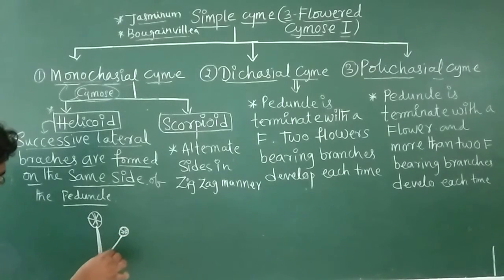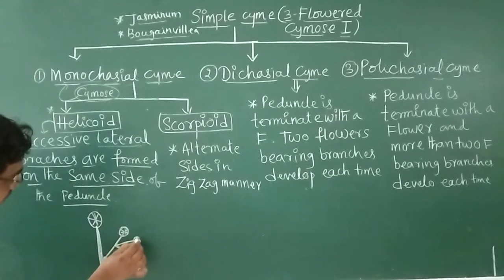Now, one flower-bearing branch is formed at the axil of the bract. So this is the bract. At the axil of the bract, the axillary bud is there. From this axillary bud, again one flower is formed. From this flower-bearing branch, again one flower is formed here. Now again one flower is formed.